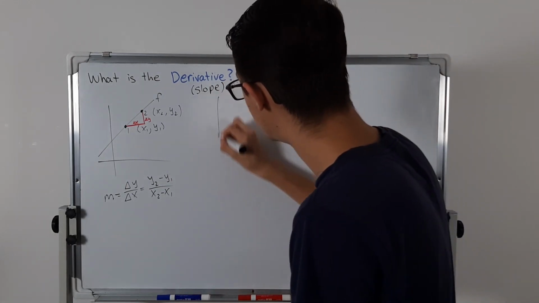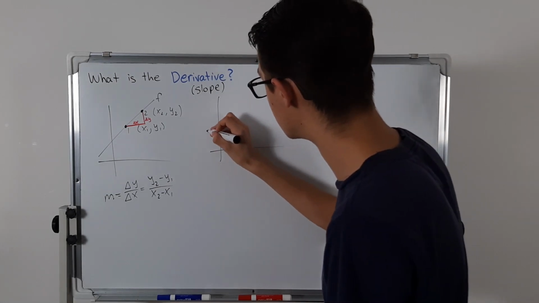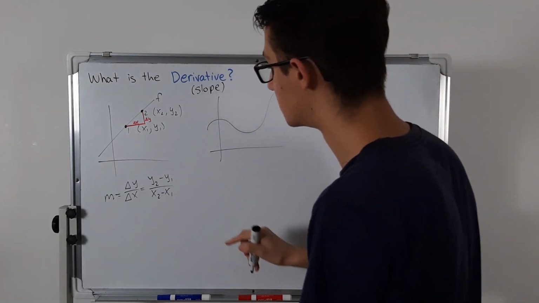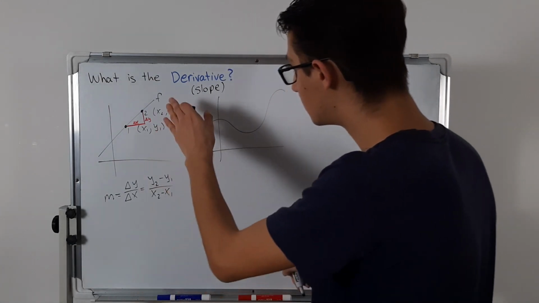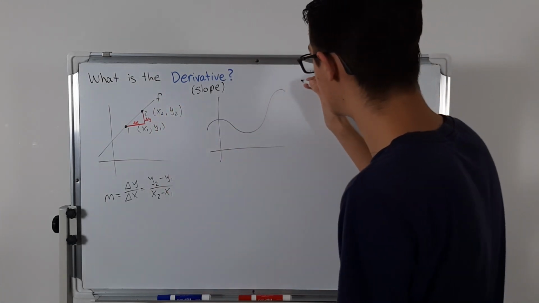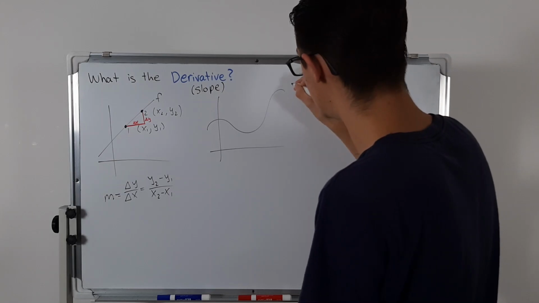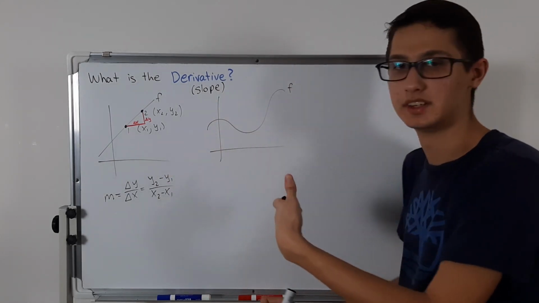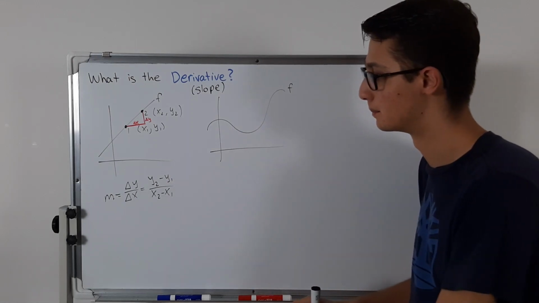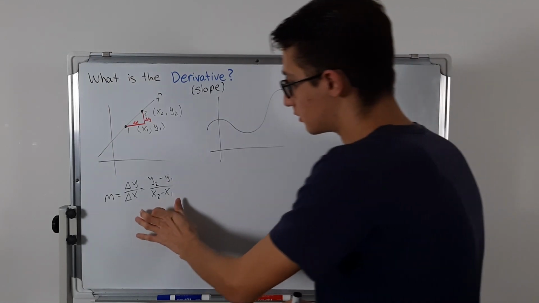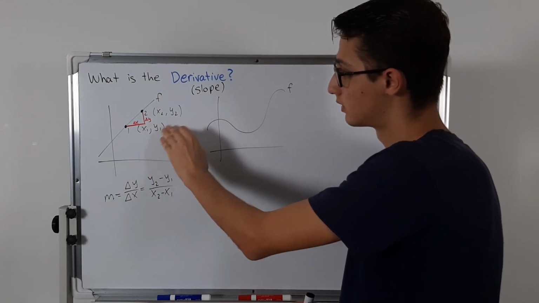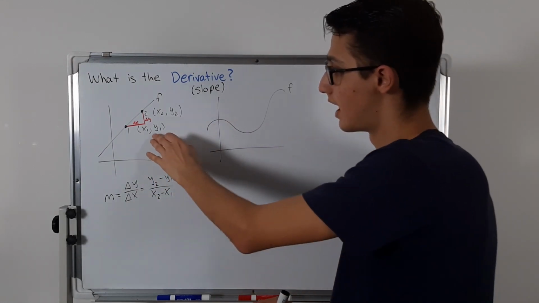So let me take a function here, something like that, okay? This is our new function, and I call this f. I'll also call this f. They're just different functions, but it's usually easy to just use the letter f. Another way to phrase this is whenever we're dealing with the y coordinates, we can think of these as f of x's.